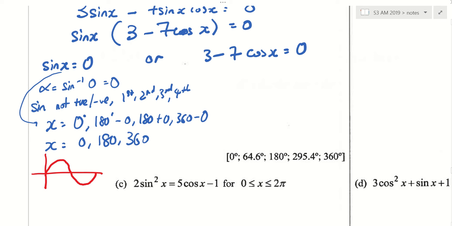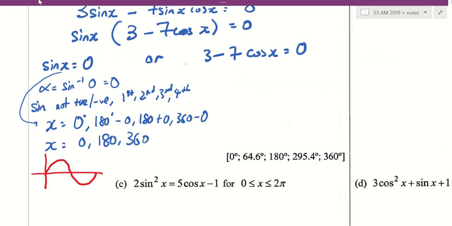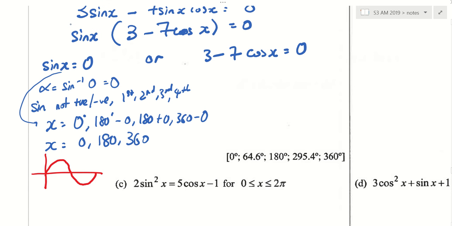The horizontal line, right? Do you see that it cuts the curve how many times? 3 times. It cuts at 0, it cuts at 180, it cuts at 360. And that is why you have 3 answers.